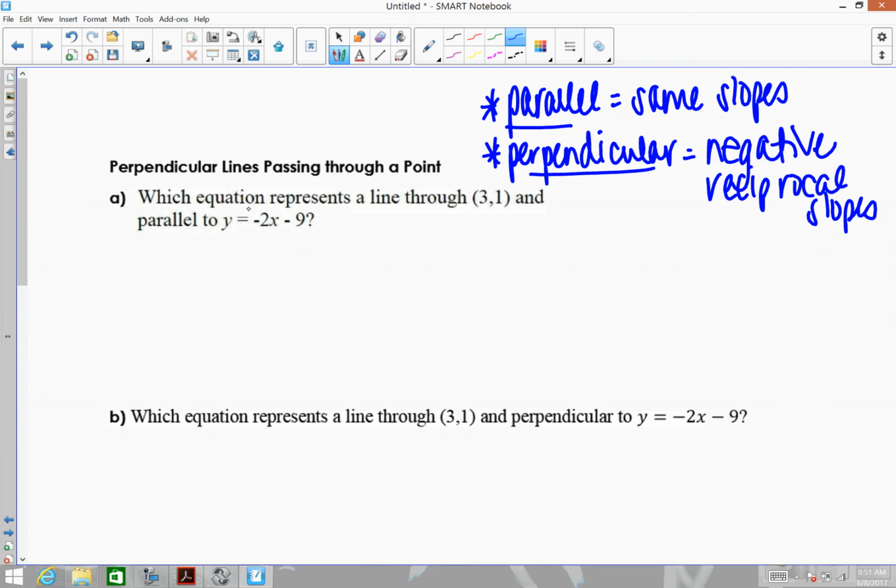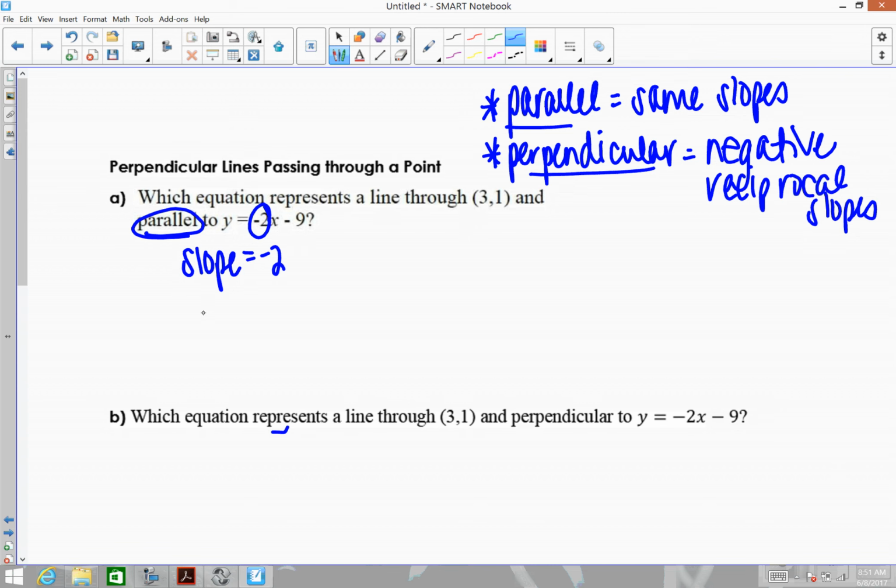So for this one, which equation represents a line through this point and it's parallel? So if it's parallel, it means it's going to have the same slope and it has to pass through this point. So if I first look at the slope of this old line, that's going to be -2. So the slope of the old line is -2.